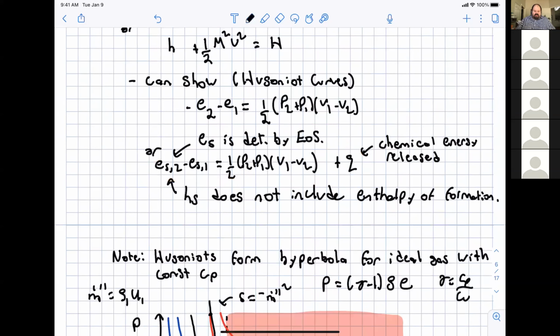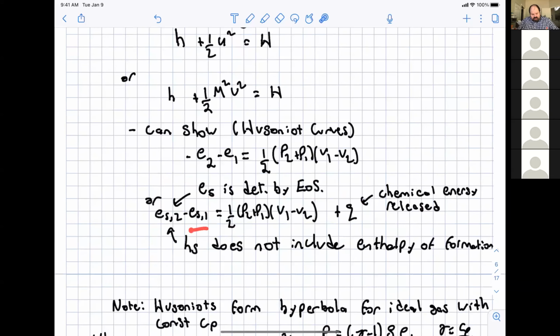The solution to our system is where the Hugoniot and the Rayleigh line intersect. If there is a set of reacting conditions where they don't intersect, then there is no solution to our system.